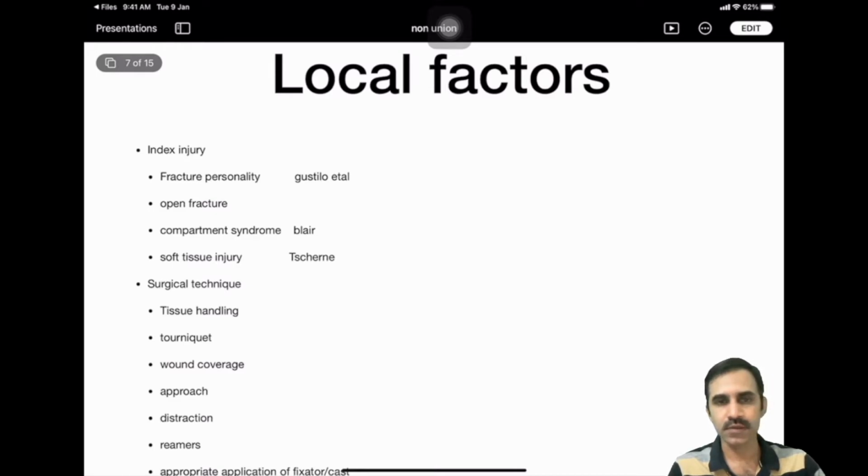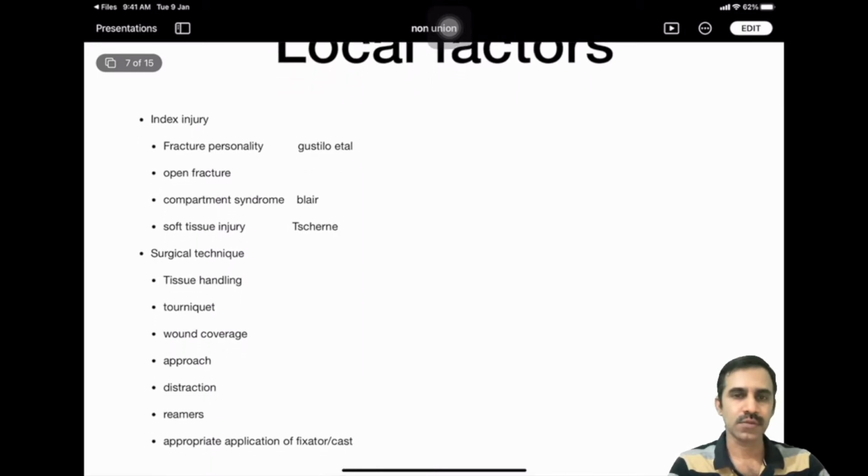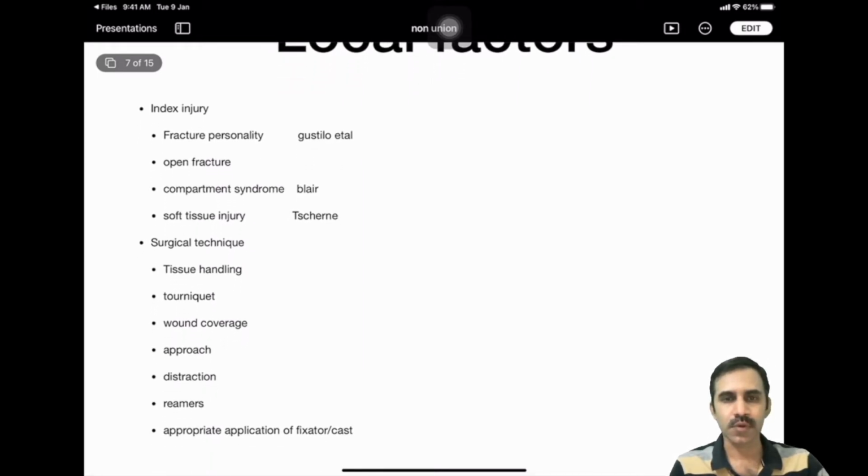How the surgeon is handling the tissues, use of tourniquet, wound coverage, the approach, the distraction at the fracture site, the use of reamers, appropriate application of fixator or the cast. All these can affect union, and if not properly done, can lead on to non-unions.